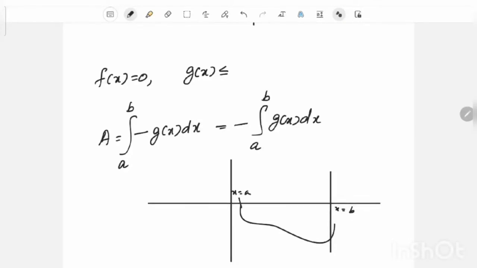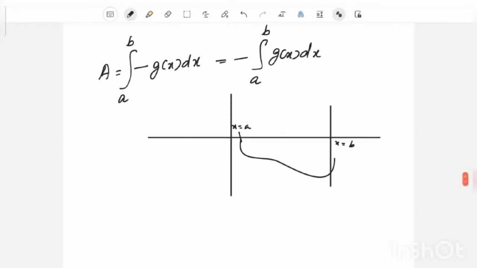So if f of x is greater than or equal to 0, then integral a to b f of x dx gives the area between f of x and the x-axis. And if g of x is less than or equal to 0, then the negative of the integral gives the area between the curve and the x-axis.